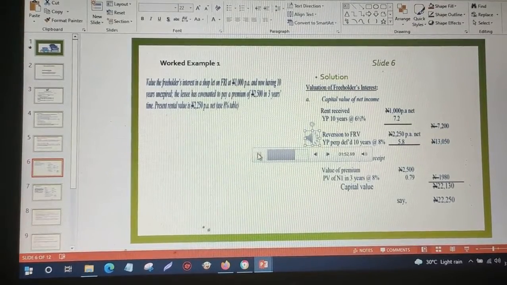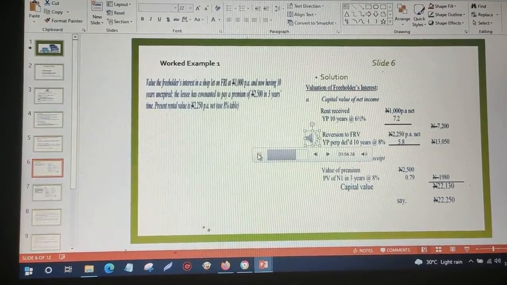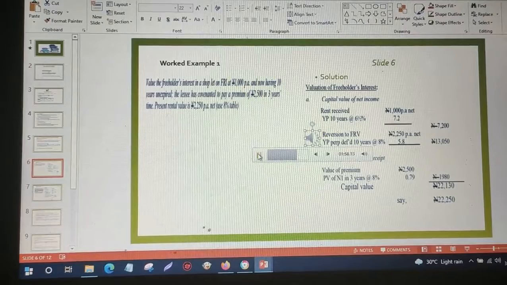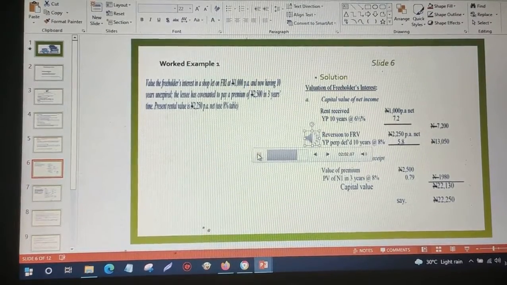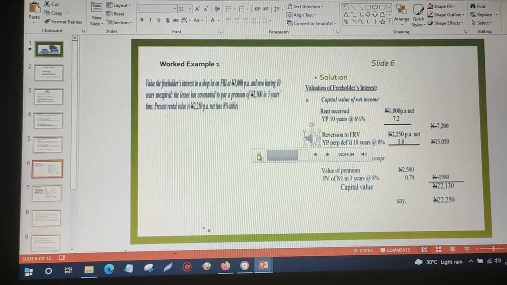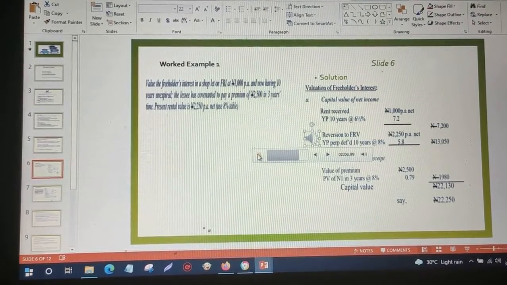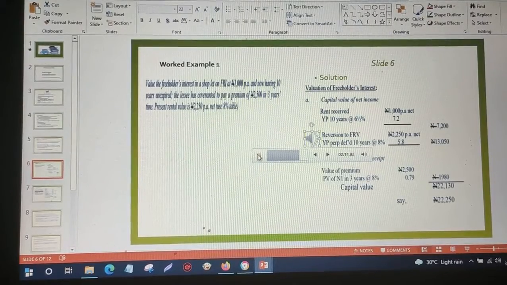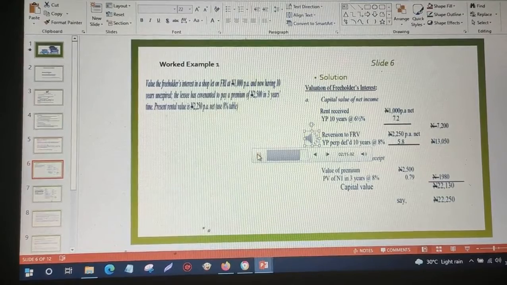Section A, capital value of net income. How to calculate that? You value it normally, YP 10 years at 6.5. Then reversion, there's a reversion to PV, because you are valuing the freeholder's interest. Then YP deferred 10 years at 8%, that's 5 point, check your table, that's 5.8.